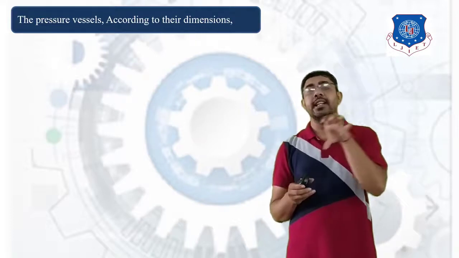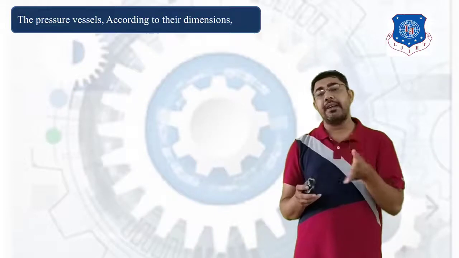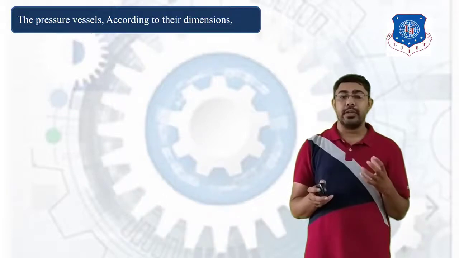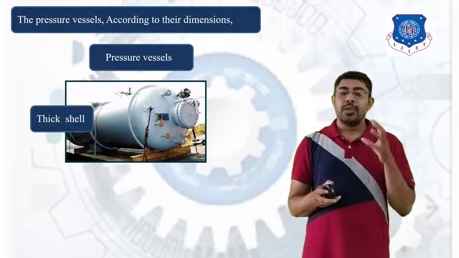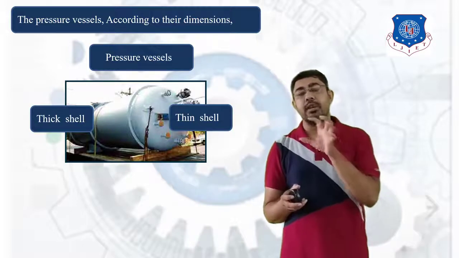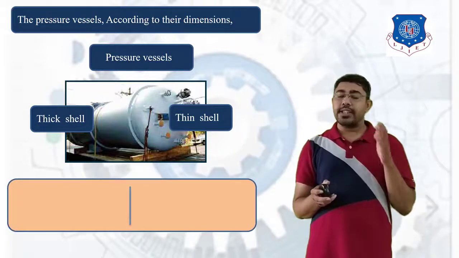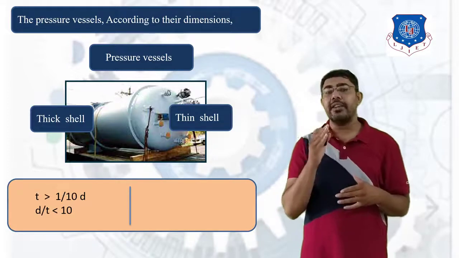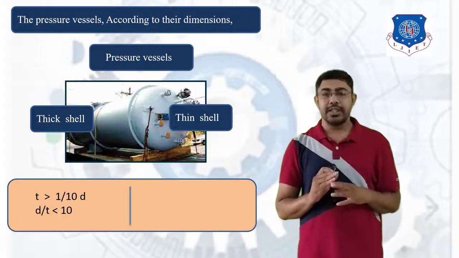For a cylindrical pressure vessel, according to dimensions like diameter D and thickness t of the cylinder, they are classified as thick shell and thin shell. In the case of a thick shell, the thickness t of the pressure vessel is greater than 1 by 10 multiplied by the diameter of the cylinder.